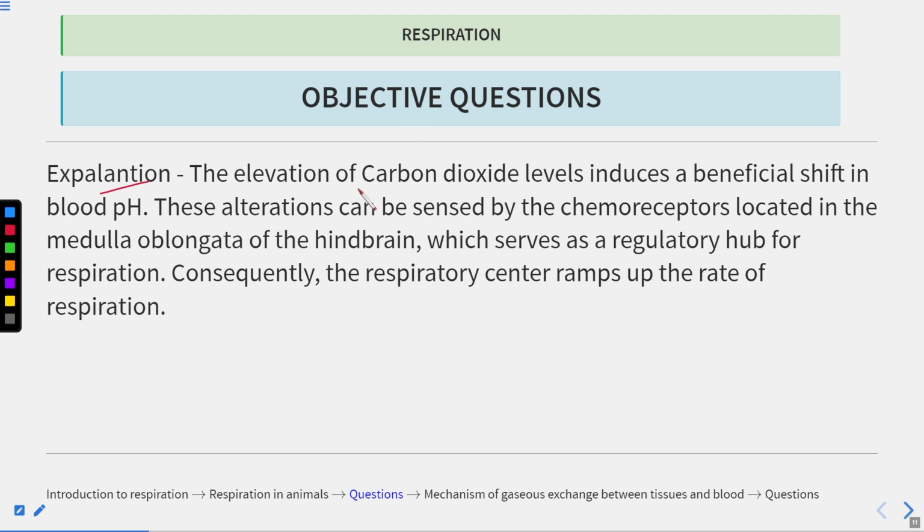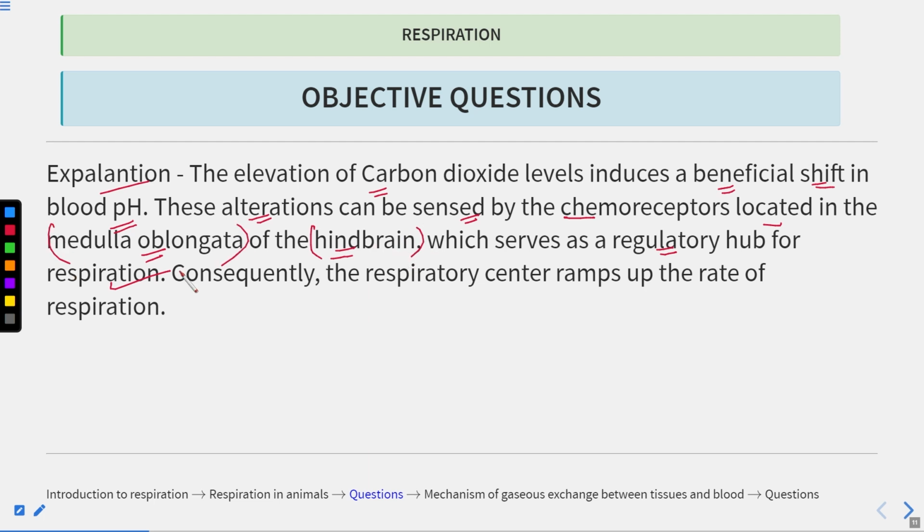The elevation of carbon dioxide levels induces a shift in the blood pH. This alteration can be sensed by chemoreceptors located in the medulla oblongata of the hindbrain, which serves as a regulatory hub for respiration.